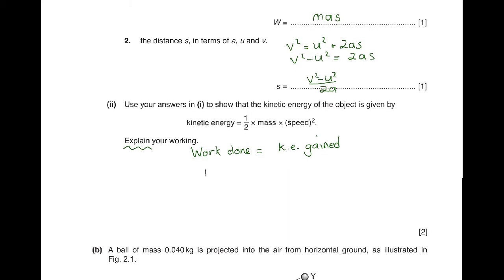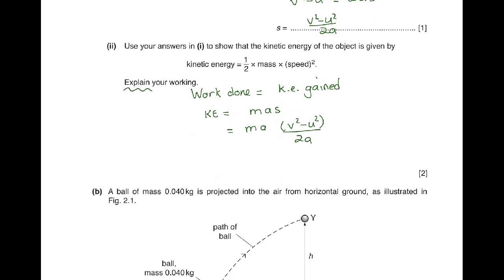So kinetic energy then is mas, but we're going to substitute in, instead of s, that thing there, v squared minus u squared over 2a. So the a's will disappear, and it's starting to look a bit like kinetic energy now. We've got the half, we've got the m, and we've got the v squared.